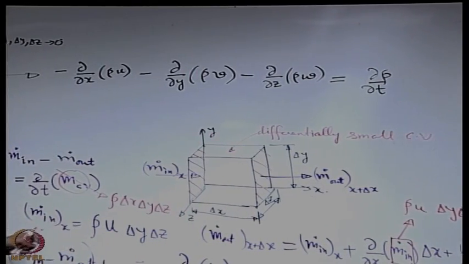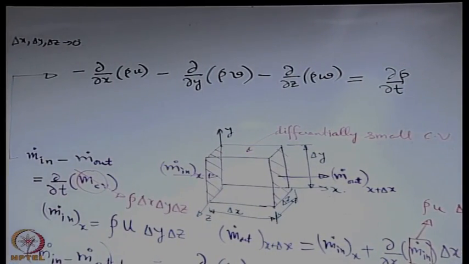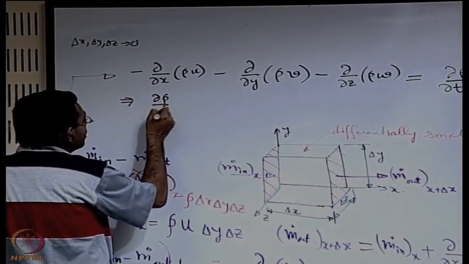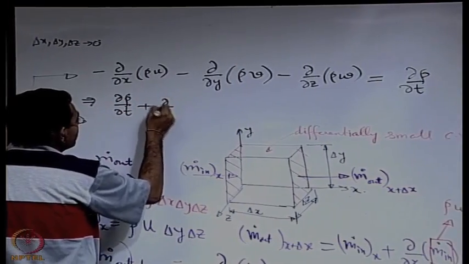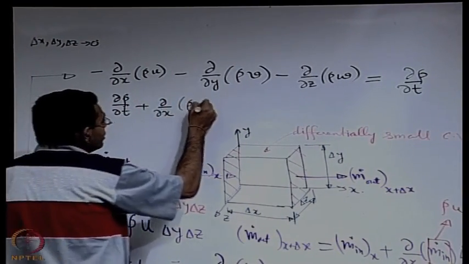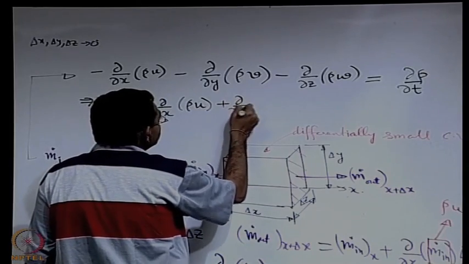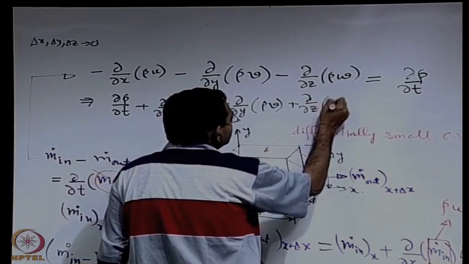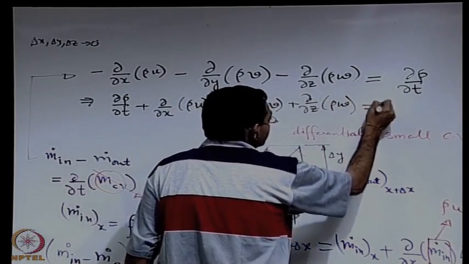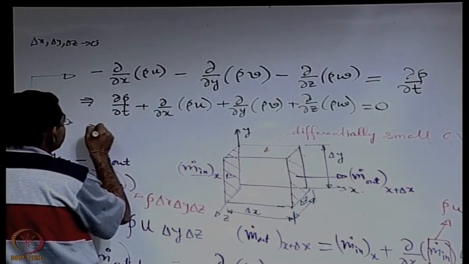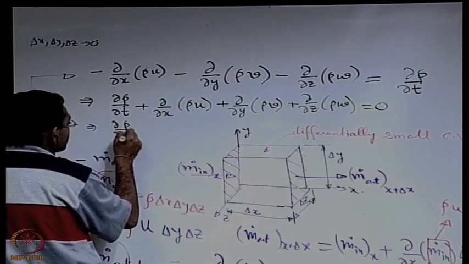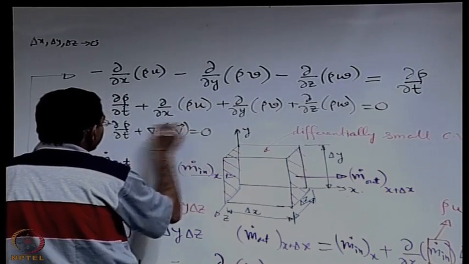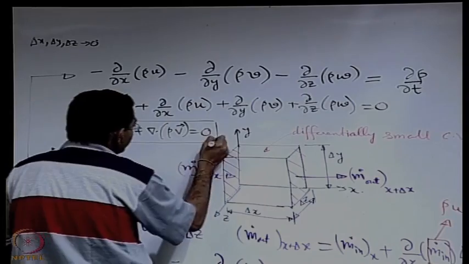Because delta x, delta y, delta z gets cancelled. So you can write this in the well known form that we saw in the previous class. Or equivalent vector notation, which is the continuity equation.